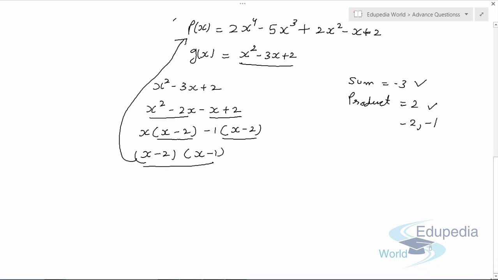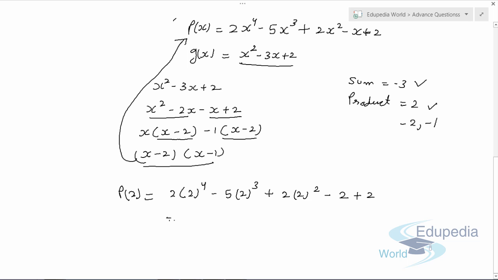First we'll find the value of p of 2. So we get 2 raised to power 4 minus 5 into 2 cube plus 2 into 2 square minus 2 plus 2.